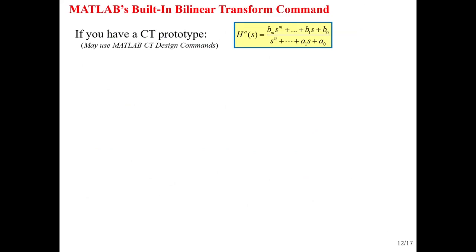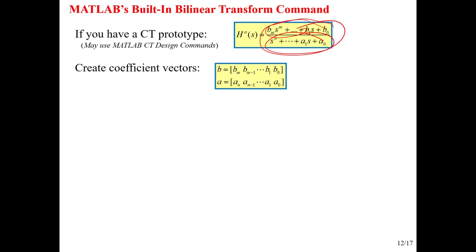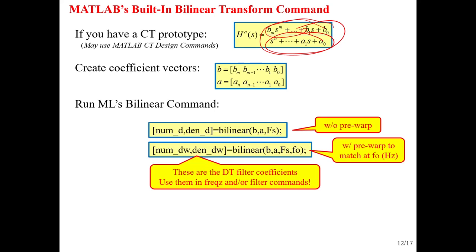Now, there is a built-in command for MATLAB, and you might think, hey, I've got this nice MATLAB command. Why do I even need to work through any of this stuff? I can just use MATLAB to do it. Here's the transfer function. I take the B's and the A's and I put them into vectors, and then I put those vectors into the bilinear command within MATLAB, and I tell it what the FS is.